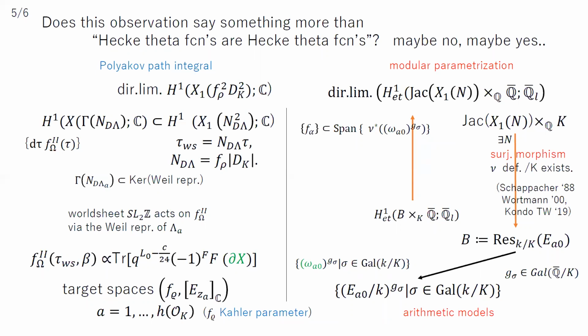Once you have some Hecke theta function that leads to a one form, because the modular curves have the Jacobi map to this Jacobian, we can further pull back what you have to the space of one forms on the modular curves as well.